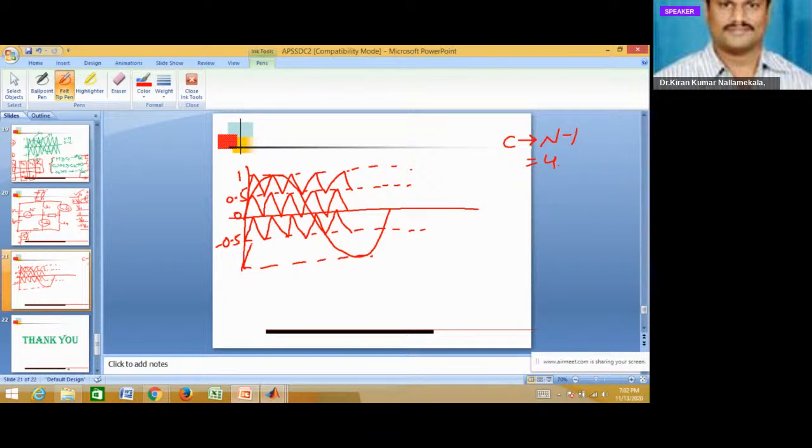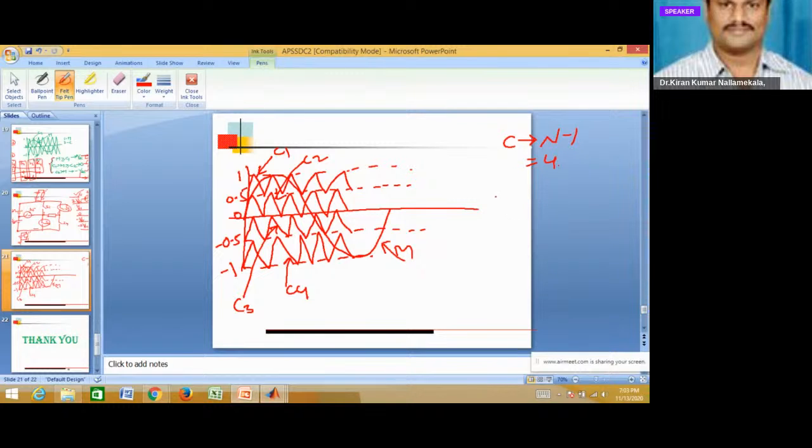The last carrier wave is varying from minus 1 to minus 0.5. I'll take these as C1, C2, C3, C4. This is the modulating signal M.